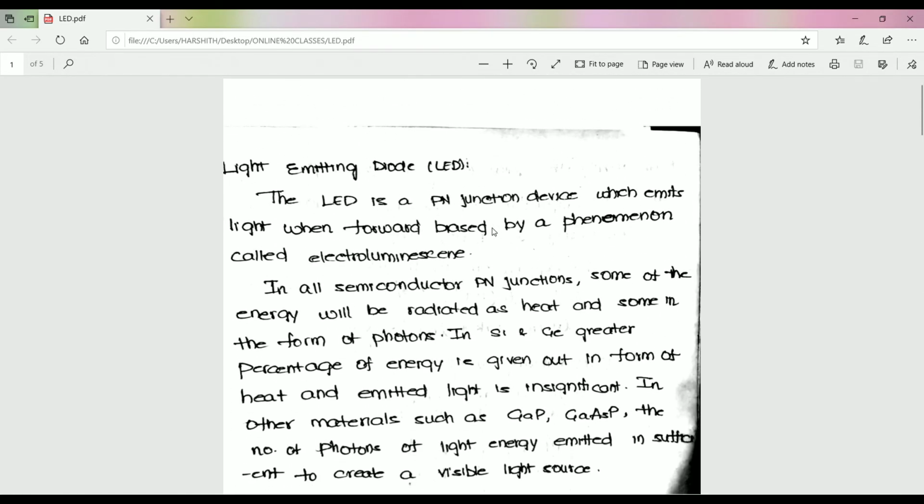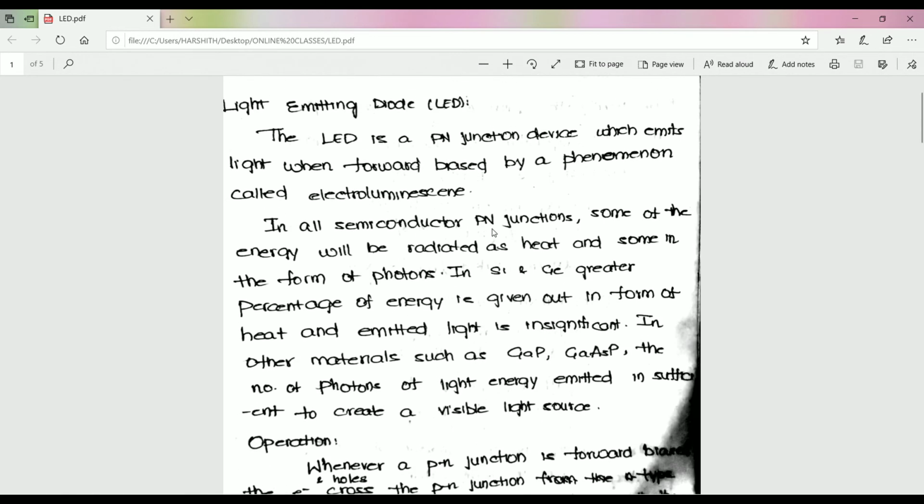Okay, LED. So LED is an optical diode and it is a PN junction device. LED is an optical diode which emits light when forward biased.